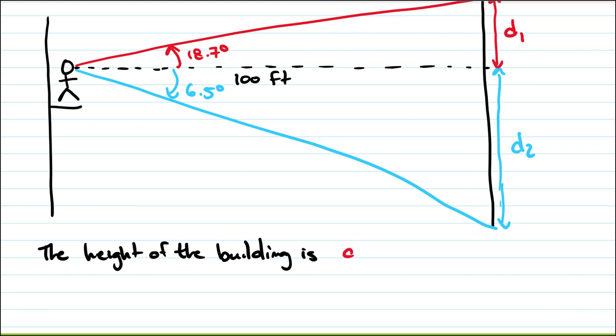It's going to be D1 plus D2. So in each of these cases, what do we know again? We know adjacent, and we want opposite.